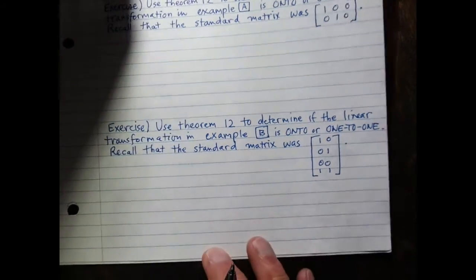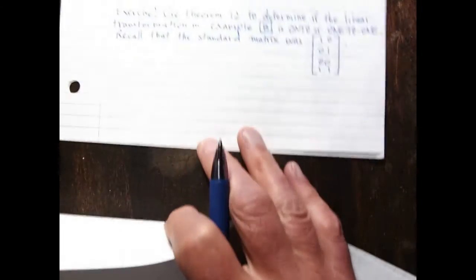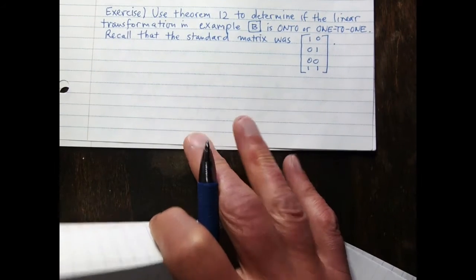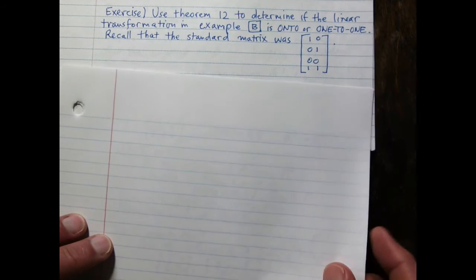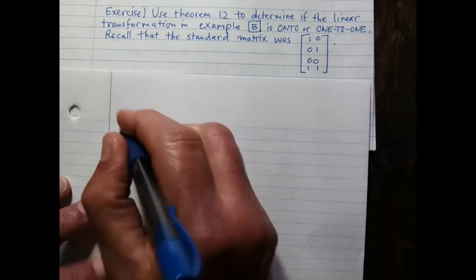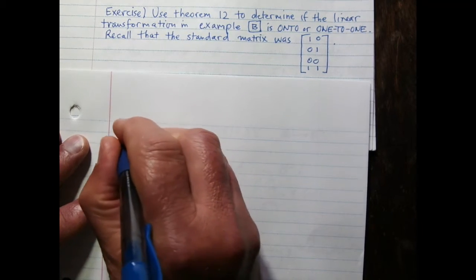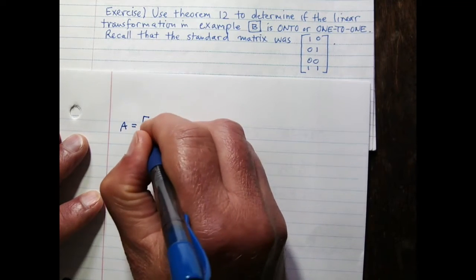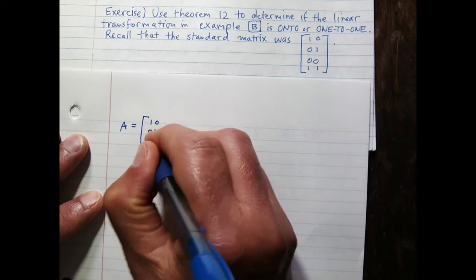What we're going to do is the same thing with the other example we looked at that I marked with a B in a box in the earlier discussion. So here the matrix, I was still calling the matrix A though, so it's a different matrix, this 1 0 0 1 0 0 1 1.